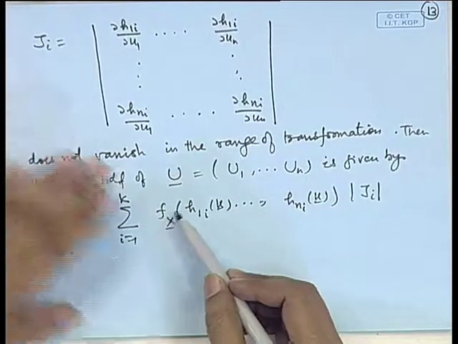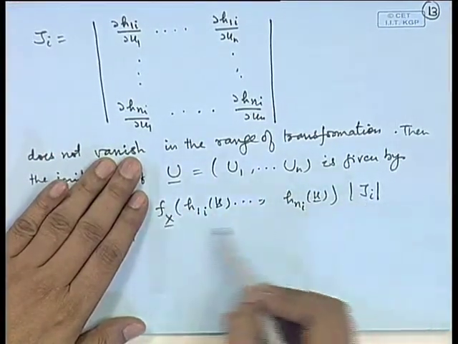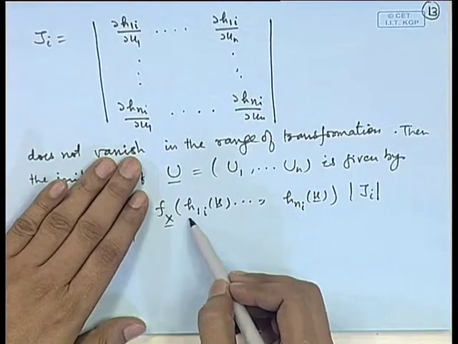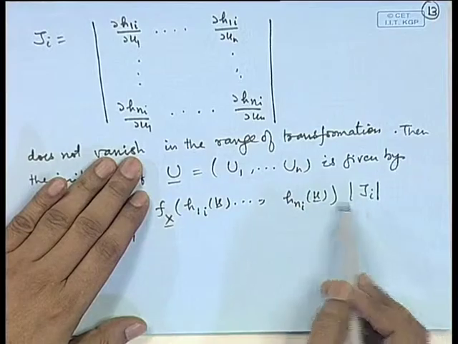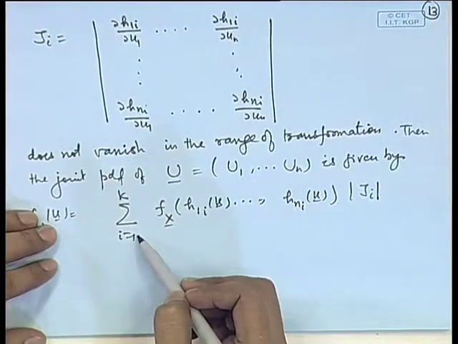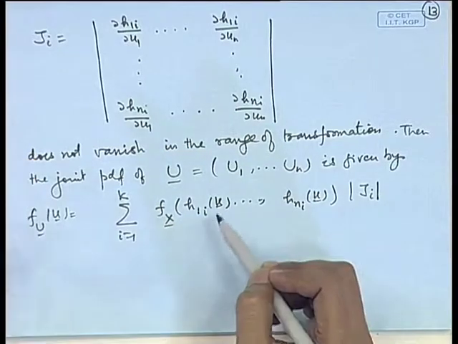So, note here, this term is the density determined by the 1 to 1 transformation from A_i into R n. So, we calculate this density for each region A1, A2, ..., Ak and add. This gives the joint distribution of U1, U2, ..., Un.